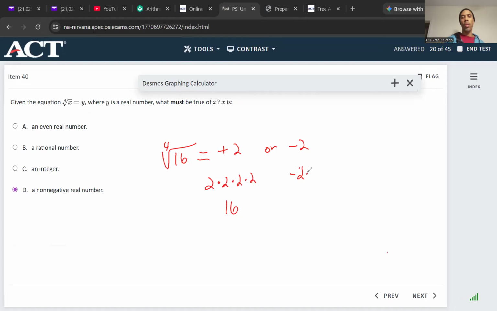If you do negative 2 times negative 2 times negative 2 times negative 2, you also get 16. But you can't get negative 16 by multiplying the same number by itself 4 times. So x would have to be a non-negative number. It can't be negative, it has to be positive for you to be able to evaluate it. Otherwise, it would be an imaginary number.